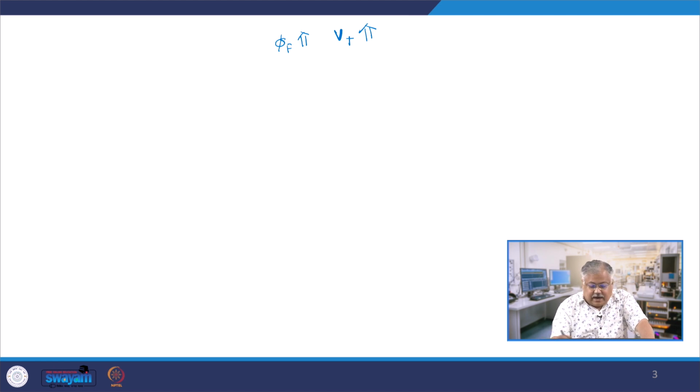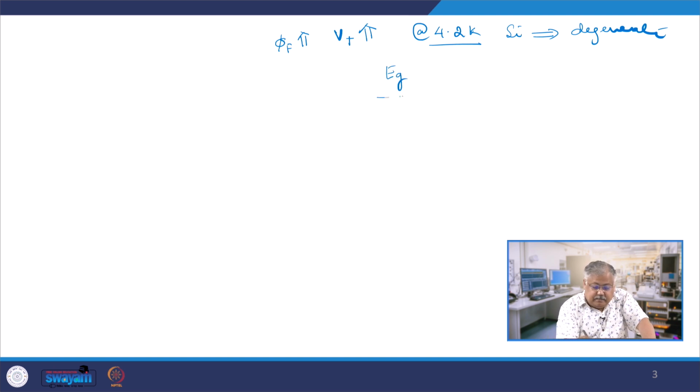Now, at around 4.2 Kelvin, where you are actually putting all the electronics into the system, the silicon body will actually be degenerate in nature. The degenerate case we have already discussed in our previous slide. Degenerate basically means that Eg by 2 minus phi f should be approximately 3 kT.